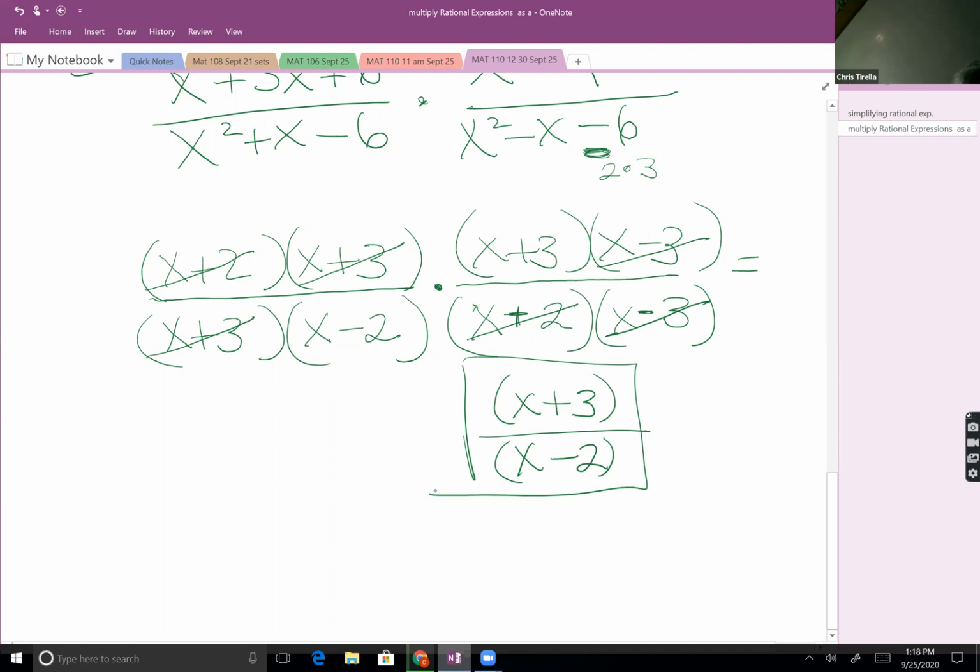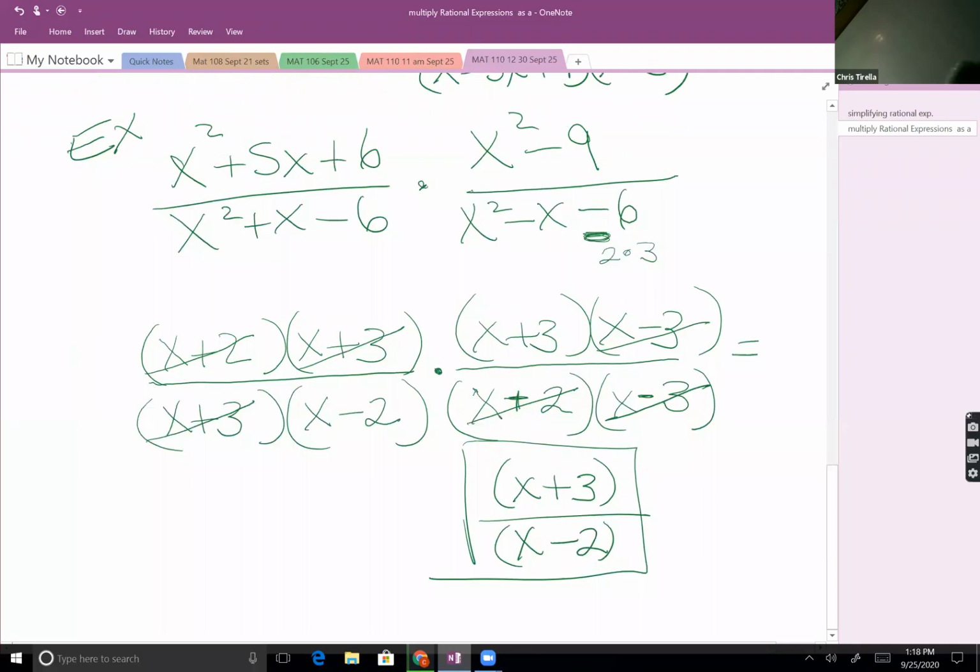And again, usually with these, even if there's more than one factor left in the numerator and the denominator, they let you leave it in factor form. You don't usually need to multiply them out further. And so do you see that in order to do the multiplication, the very first thing we do is factor.